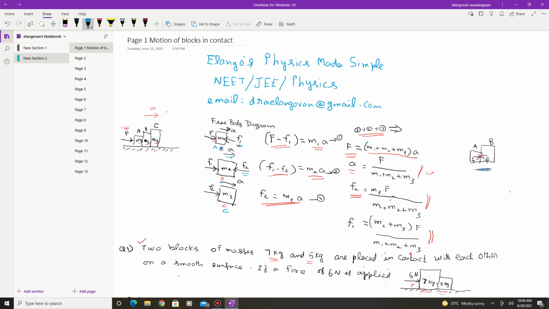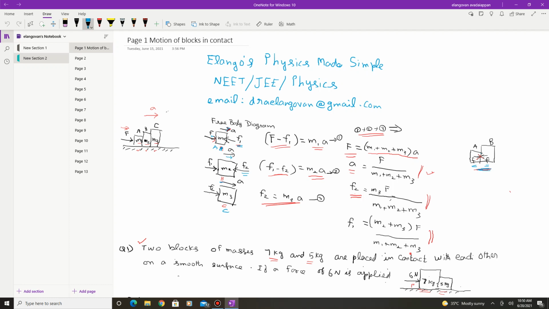One force is acting, a contact force on the block A from B. Another force is acting, that is again a contact force acting on B from A. So these two forces are equal. Along the surface, the contact force acting from B to A as well as A to B, both are equal. You must keep that in mind.